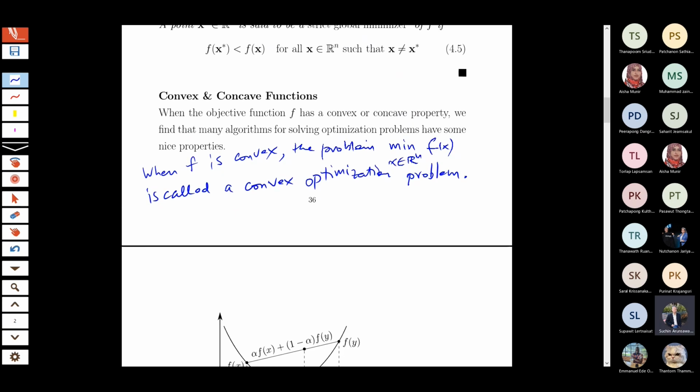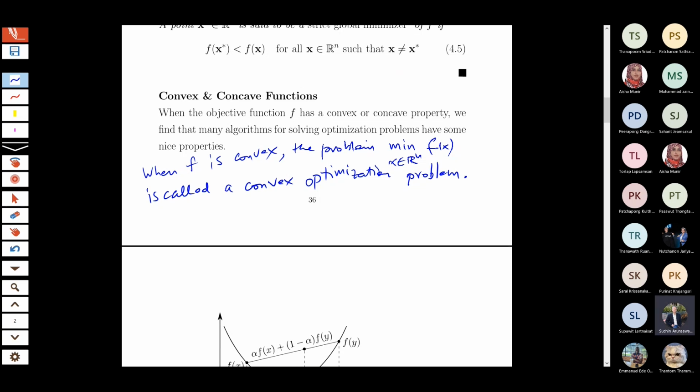You will find later that in a convex optimization problem, the local minimum and the global minimum are identical.